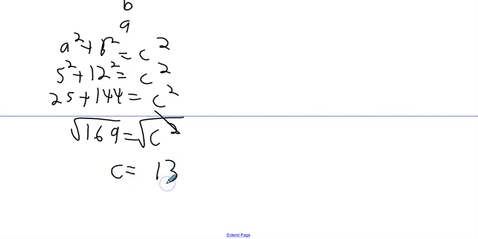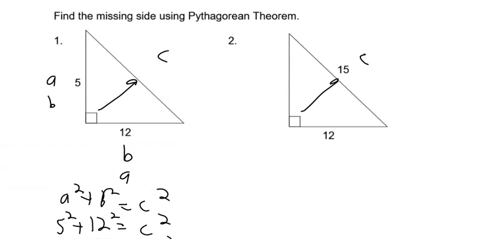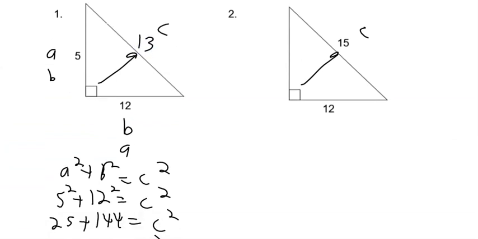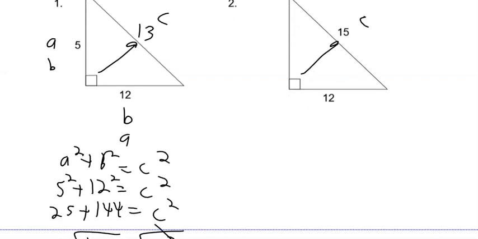Now here's what we talked about earlier. Technically, it's plus or minus 13, but we're talking about geometry and we can't have a negative side length. So that means the hypotenuse of this triangle is 13. Now, why did I say it's important to write a squared plus b squared equals c squared first?